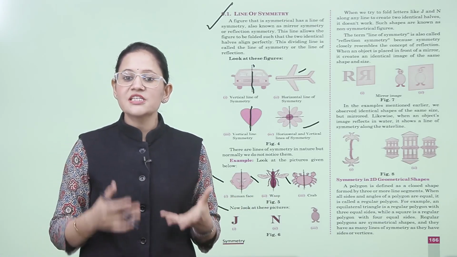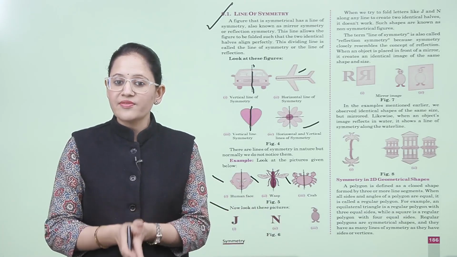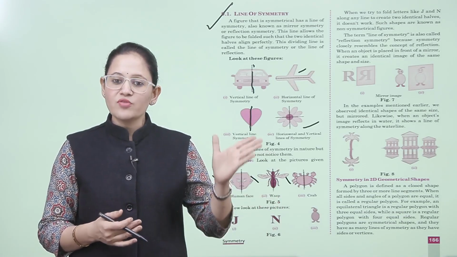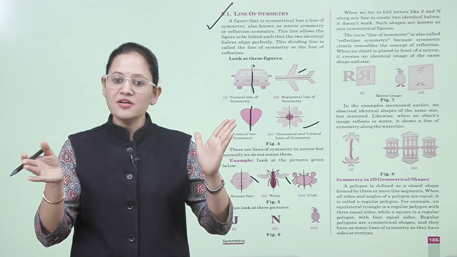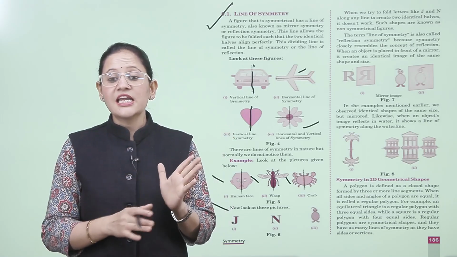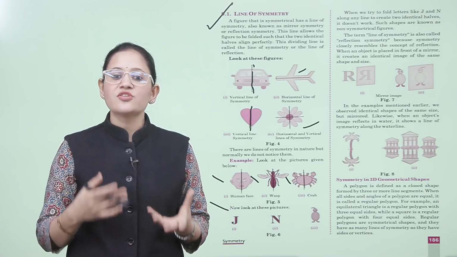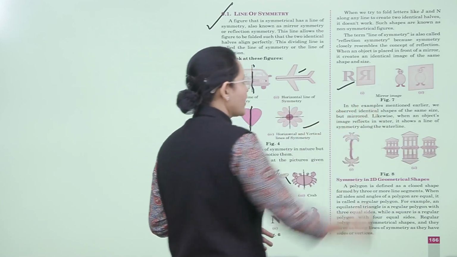The line of symmetry is also called reflection symmetry because symmetry closely resembles the concept of reflection. When an object is placed in front of a mirror, what will you see? You will see an image of that object that is exactly the same as the object. It creates an identical image of the same shape and size, like here you can see.